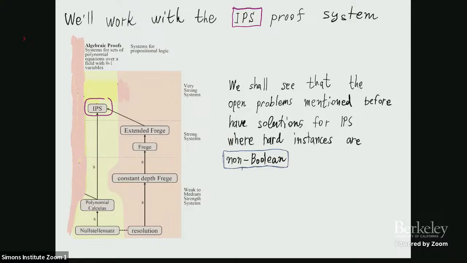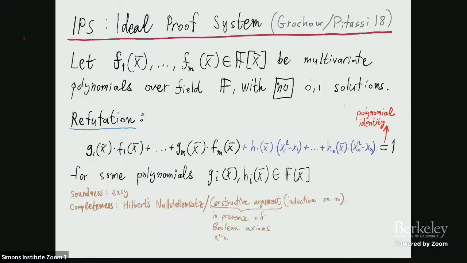Now, as I said, we should see that the open problems mentioned before have a solution for IPS. I'm going to define it where the hard instances are non-Boolean. It is 0 for one value, but for instance, it's not going to be a CNF or a formula.